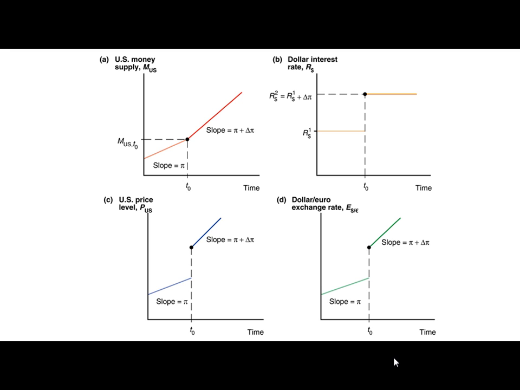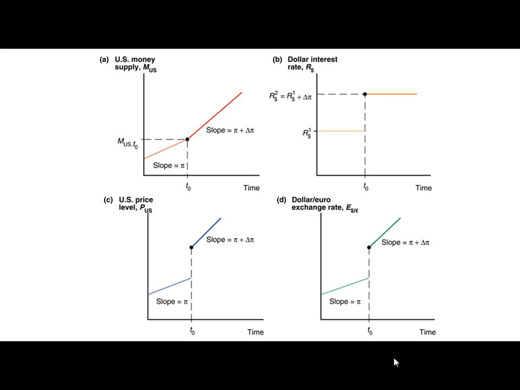That's where the US money supply will increase. In the first diagram, before t0, there's a slope of pi, and then after t0 the US central bank will, let's say, unexpectedly increase the US money supply by delta pi.